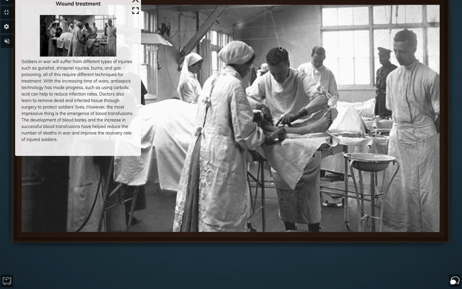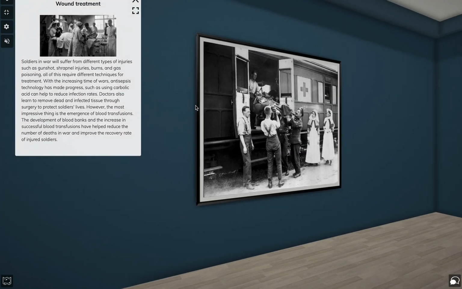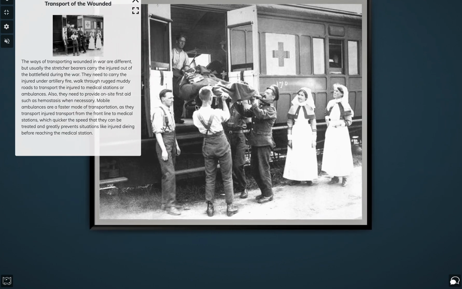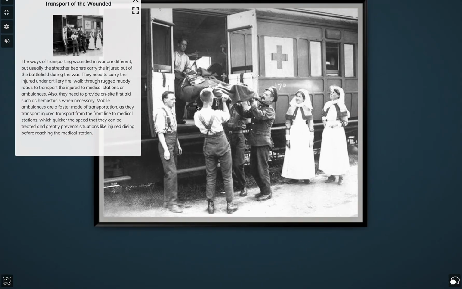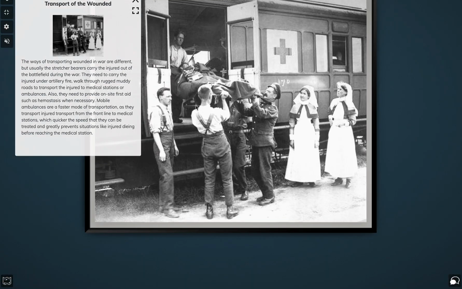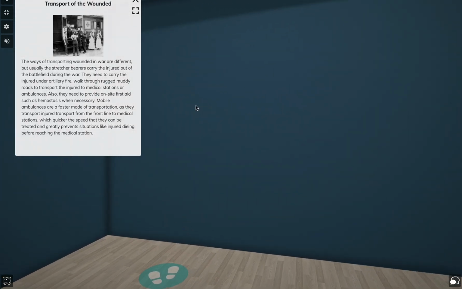Wound treatment. The wound treatment has a lot of types. You have like gunshot and burn. The transport of the wounded. The ways of transporting the wounded in World War One were mainly stretcher bearers carrying or the ambulance.